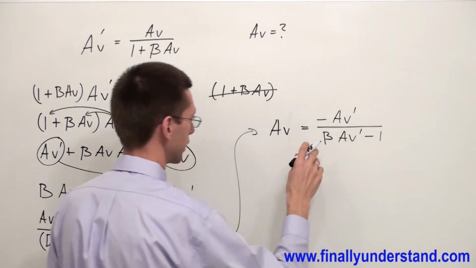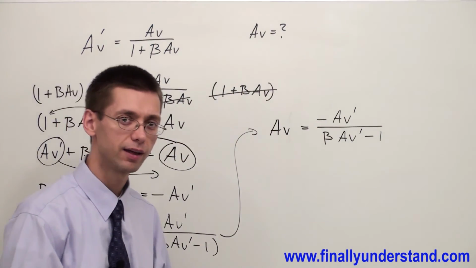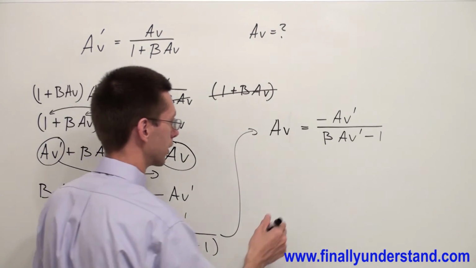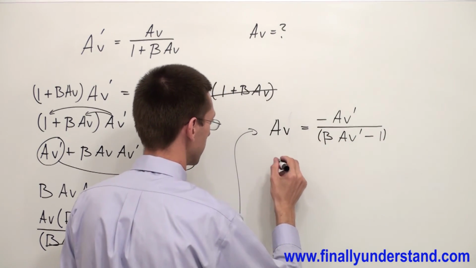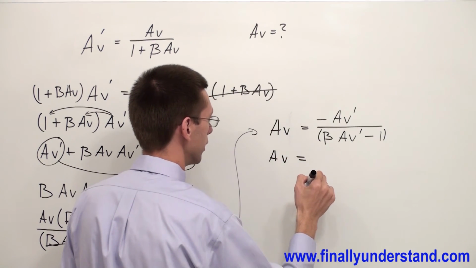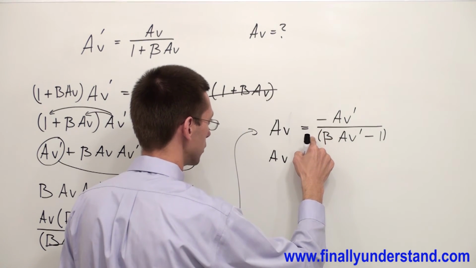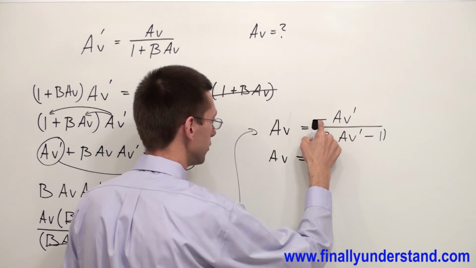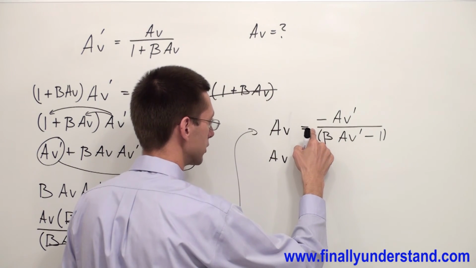Okay? Someone is going to say, okay, this is the final answer. We can say, okay, but we can go a little bit further than that. Remember, we can always write the parentheses over here, and I'm going to have AV equals. Now, remember, this is a negative number, and in the denominator we have a positive number. Negative divided by positive will give me negative.